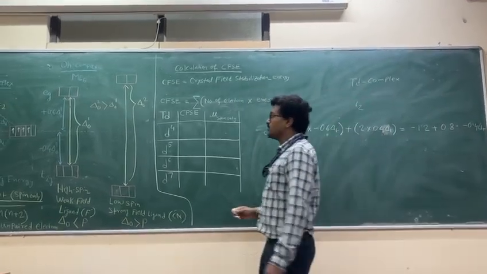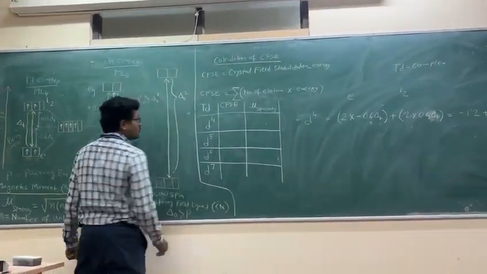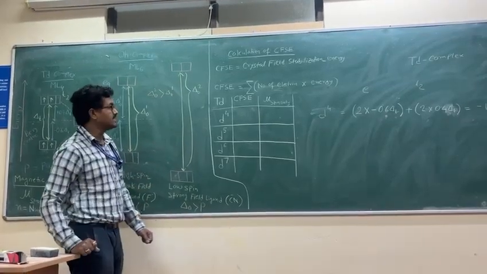So like that you can calculate the CFSE value for D4, D5, D6, D7.